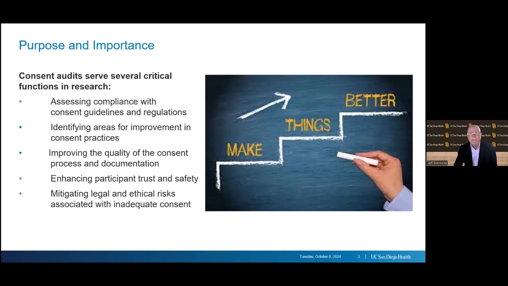Let me give you a couple of examples of what can go wrong in the consent process, so you understand why it can be so important. For instance, if you use the wrong version or an expired consent when obtaining consent from a participant, you can possibly cause harm to that participant, and that can even erode participant trust.